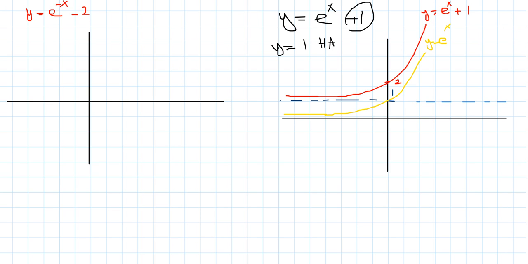Now easily I have here y equal minus 2 as the horizontal asymptote. So y equal minus 2 is my horizontal asymptote, and I should finish it on quarter number 2. So y equal e powered by minus x minus 2.